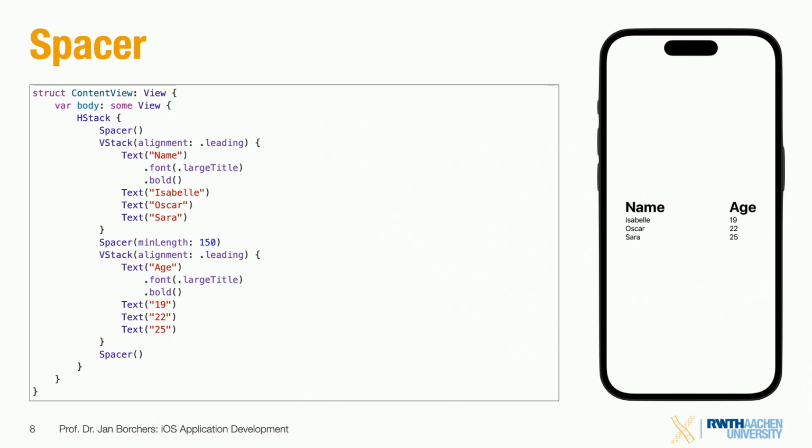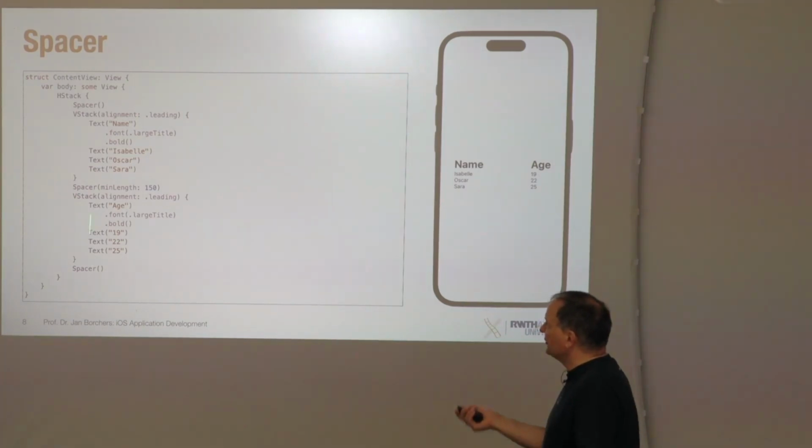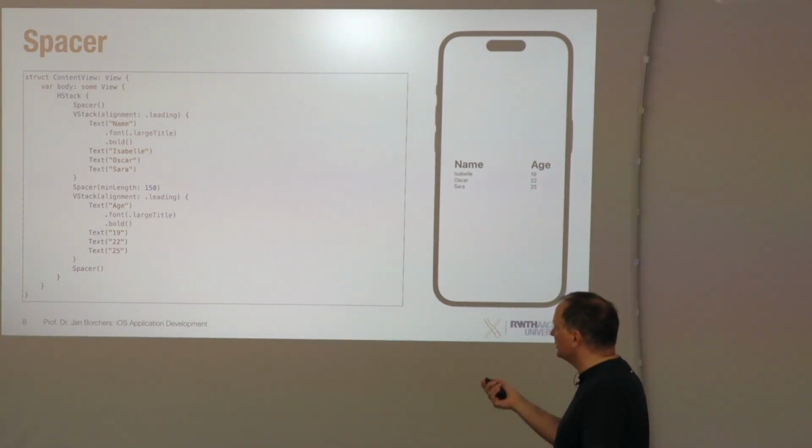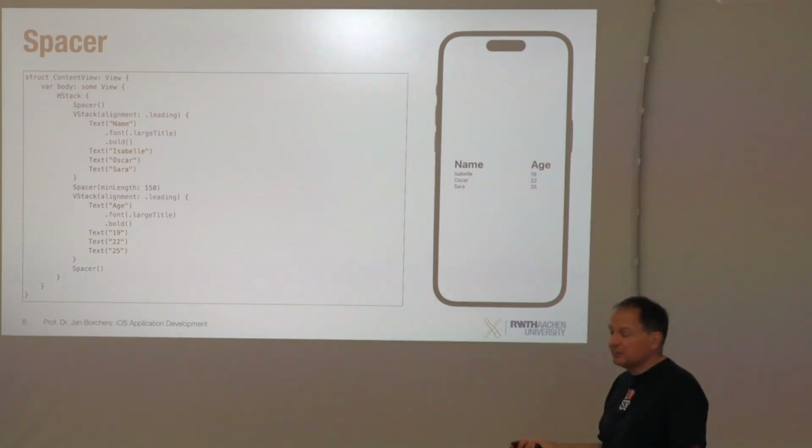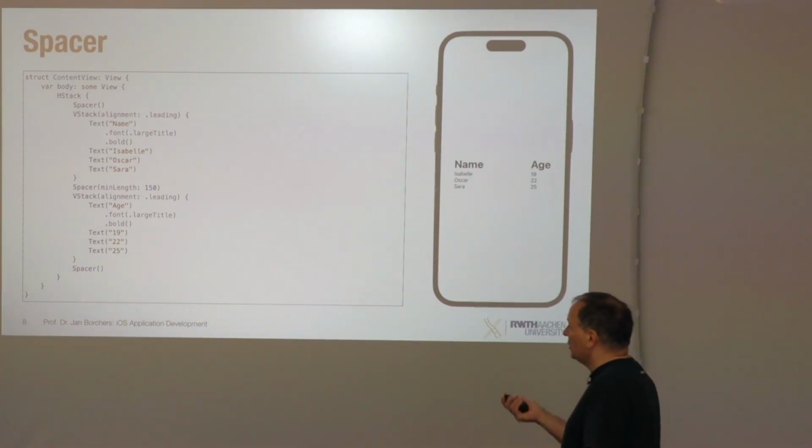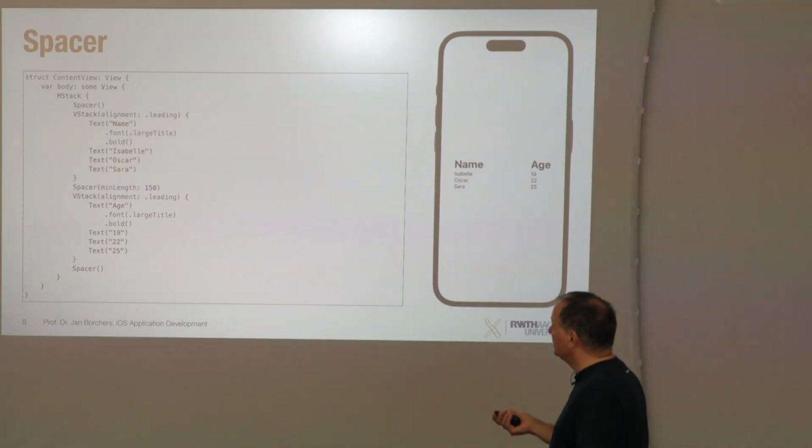But you can also give them a target width. So for example, here, this is a content view. As you can see, we're just giving you the basic content view at this point. Right? We're leaving out the import and the preview stuff, because it's all boilerplate code that you're not going to be editing for these simple examples.